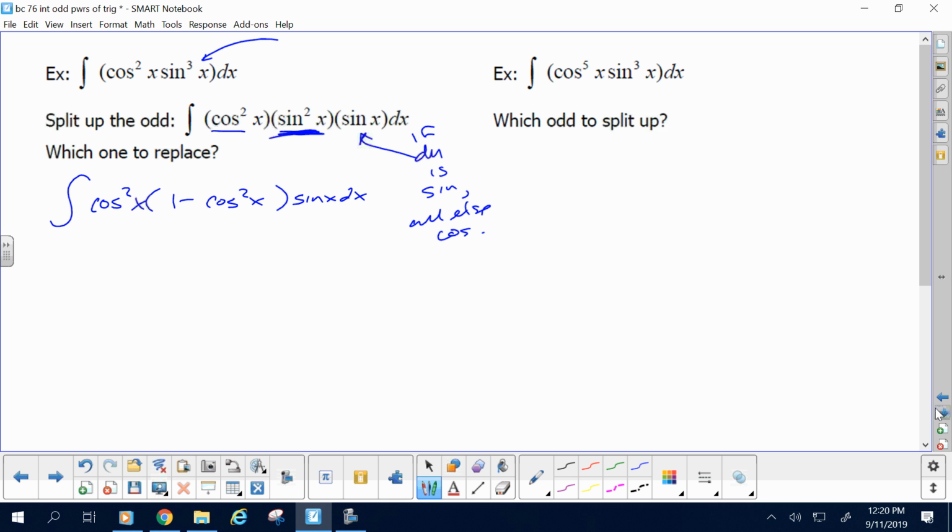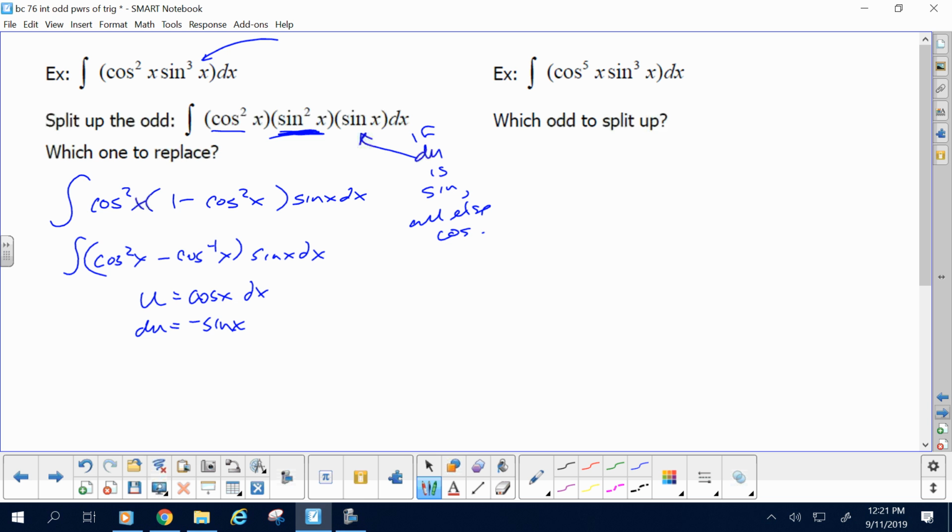It's your choice. Do you want to expand or u sub first? It doesn't matter if you u sub then expand or expand then u sub. It's going to end up in the same place. It's probably less writing if I sub first. U is cosine of x. Du is negative sine of x.